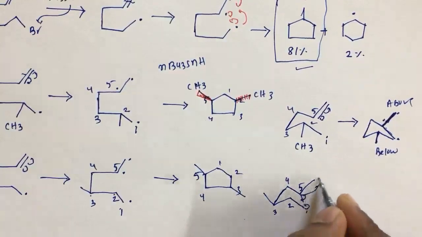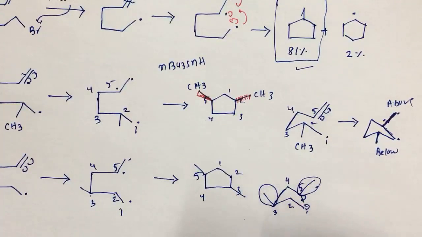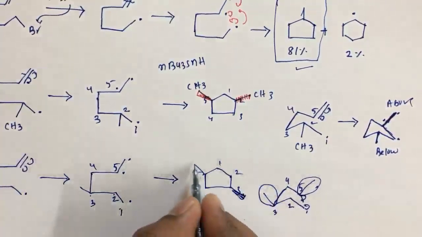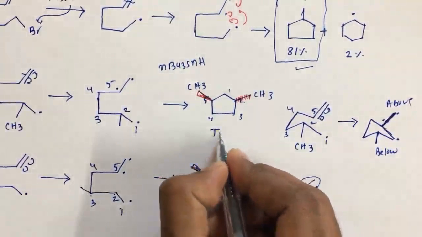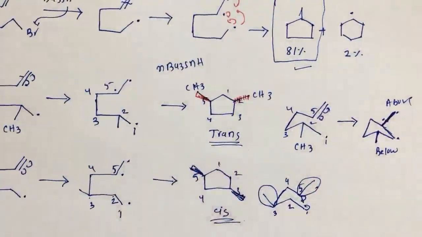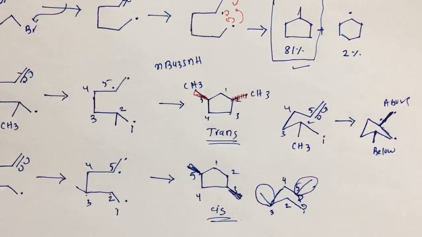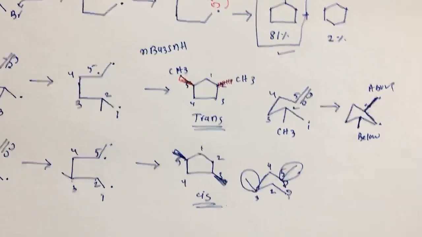And we can see the methyl groups at the fifth position as well as the third position are both above the plane. So here we will get the cis product, and here we'll get the trans product. So these are the two important examples for n-butyl stannous hydride. These questions were asked, I think, in a previous exam.